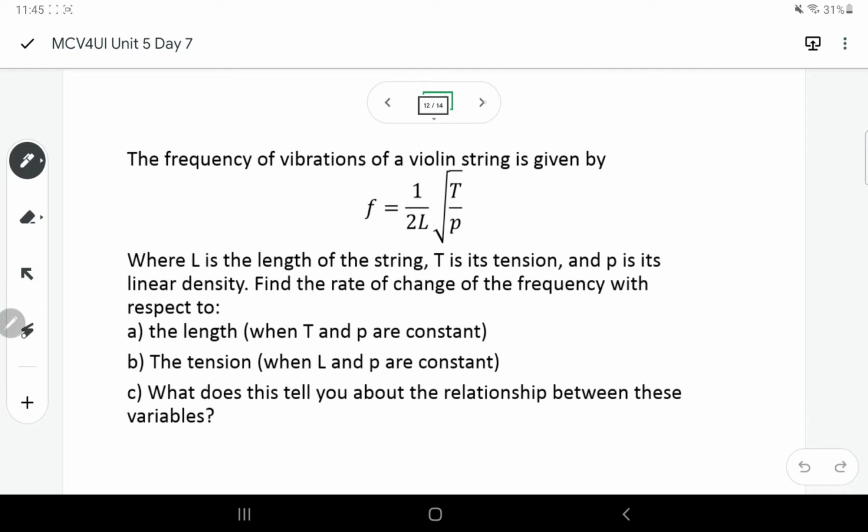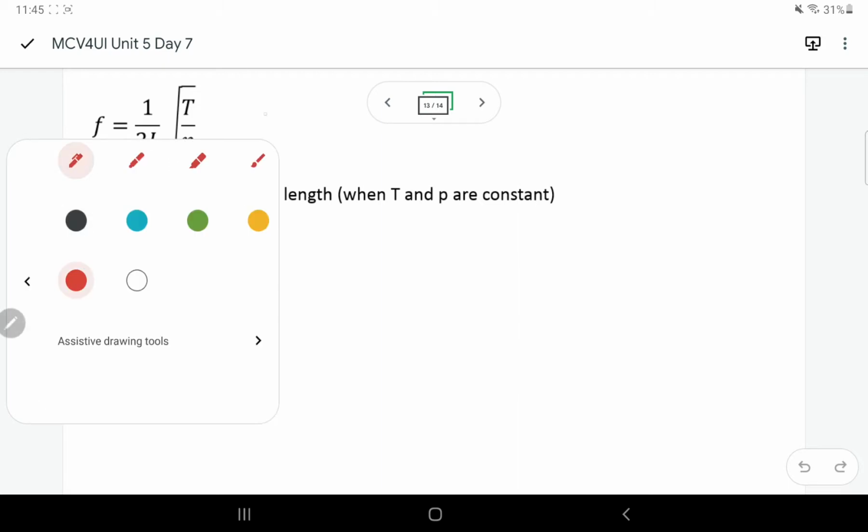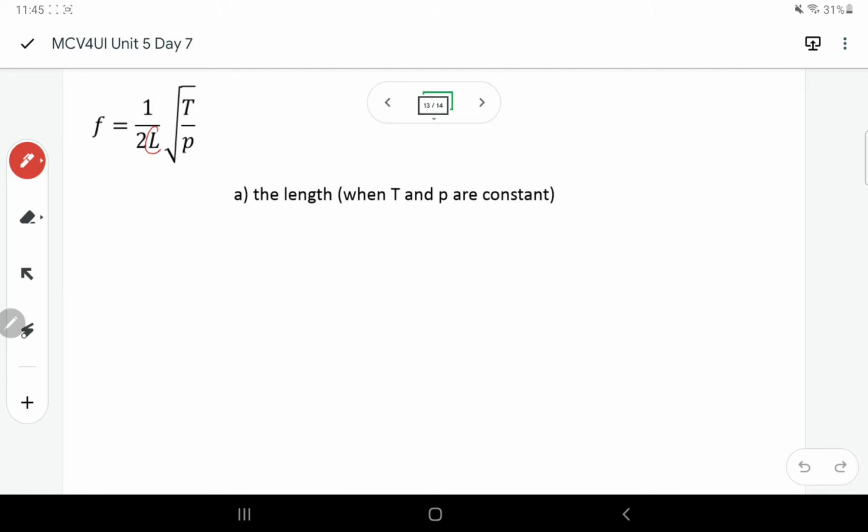So here, if we want to keep T and P constant, my suggestion would be to rewrite this equation in a way that allows you to see the variable and make it look more like a variable. Have that L written as a variable.